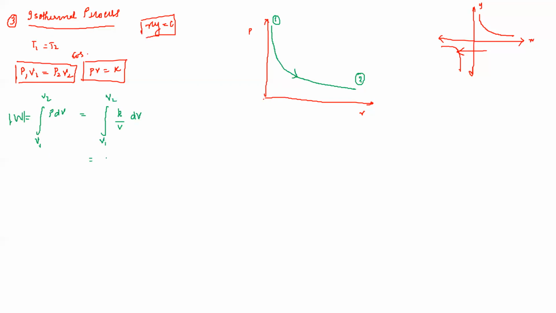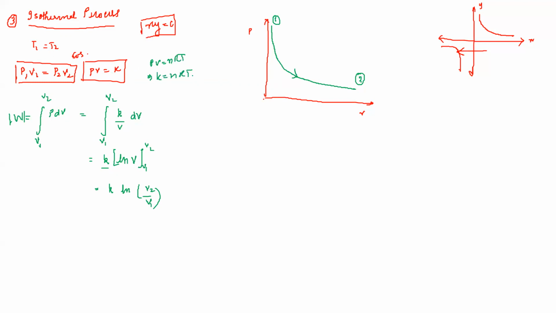So that is going to be K, integral of dV by V is ln V, integrated from smaller volume to larger volume. So it's going to be K ln V2 by V1, and K is basically PV, and by the ideal gas equation, we know that PV is equal to nRT. So we can say that K is equal to nRT.